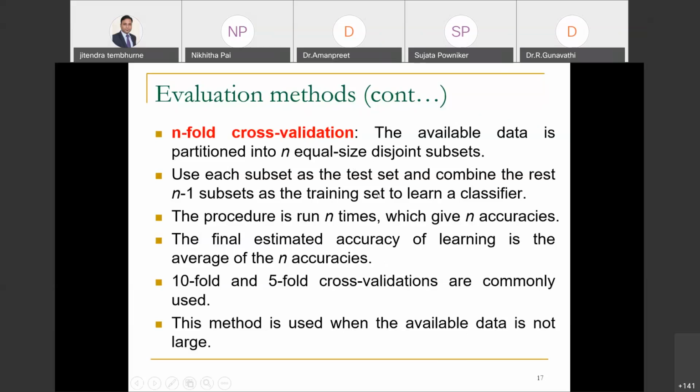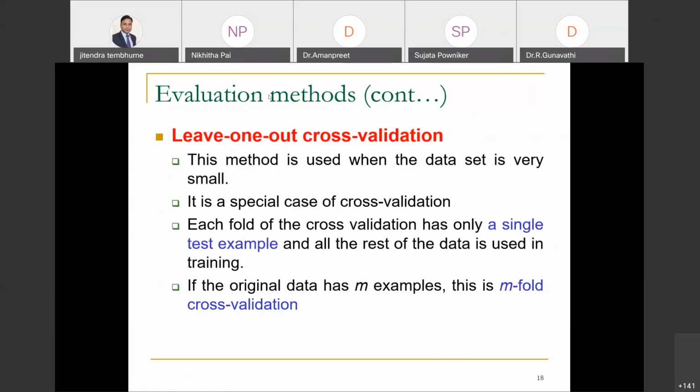Now moving further, when your data set is very small, we use leave one out cross validation. This method is used when the data set is very small. For different data sets, different categorization has to be there in terms of testing and training.